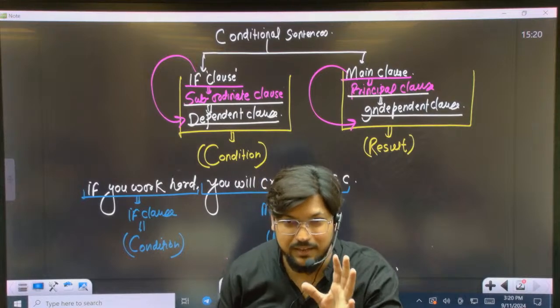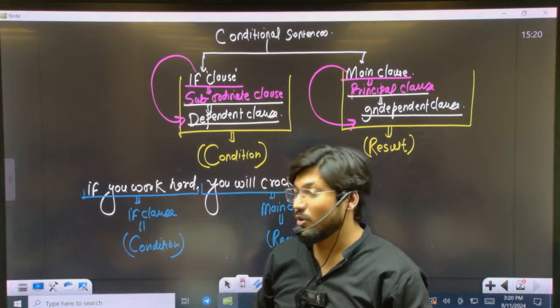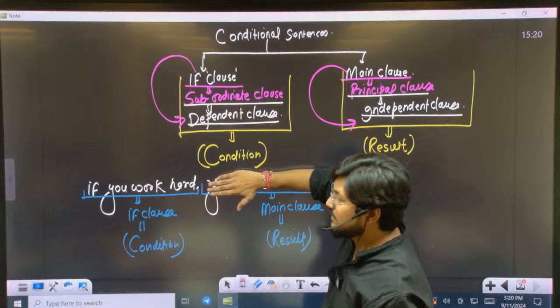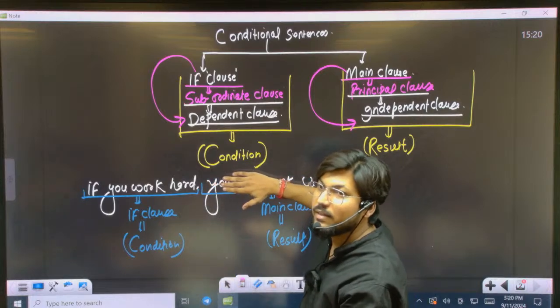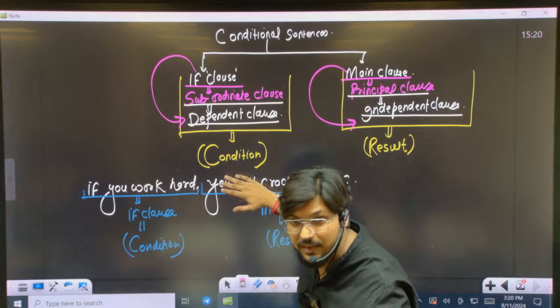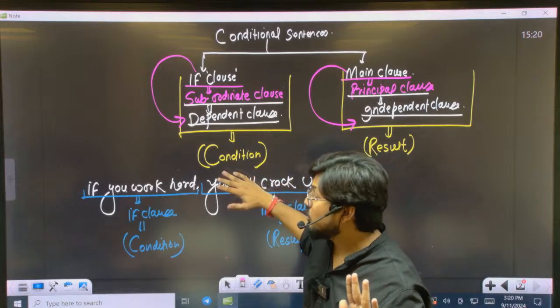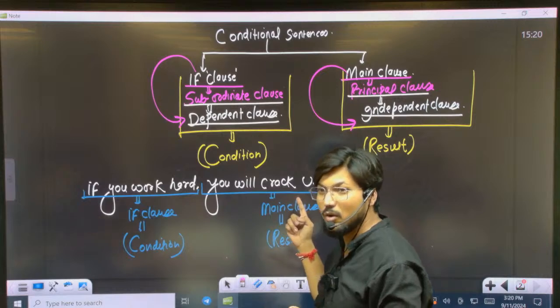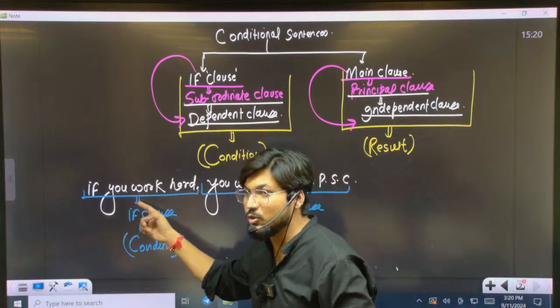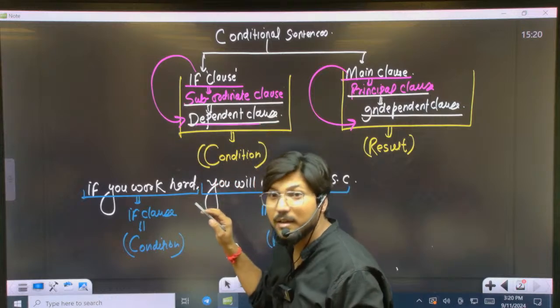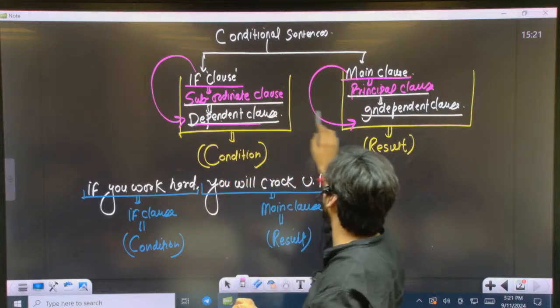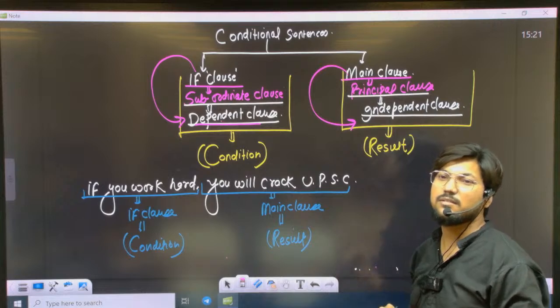Just complete the sentence first. This will be incomplete in sense or meaning as well. With this sentence, you need this sentence. That is why this is called dependent, because this sentence depends on the main clause.